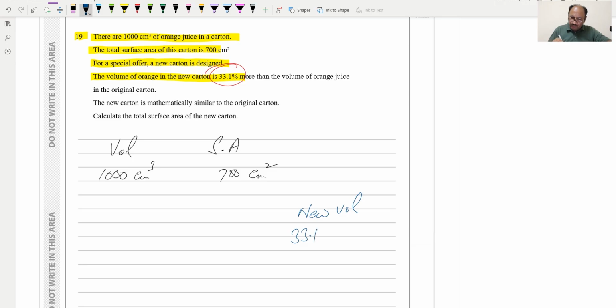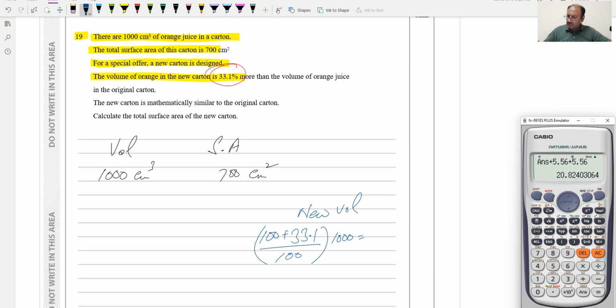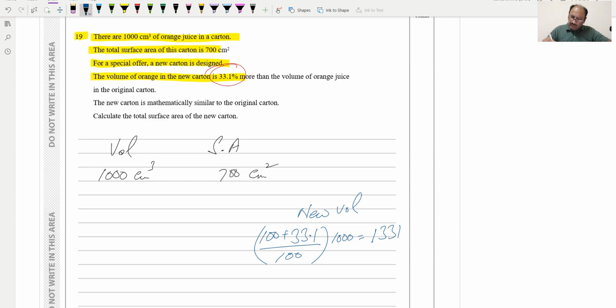So 33.1 will be added to 100 and divided by 100. This is how we increase by percentage, and then the old volume is 1000. The new volume will be 1000 multiplied by the fraction 100 plus 33.1 over 100, and this will be equal to 1331. So 1331 is the new volume.